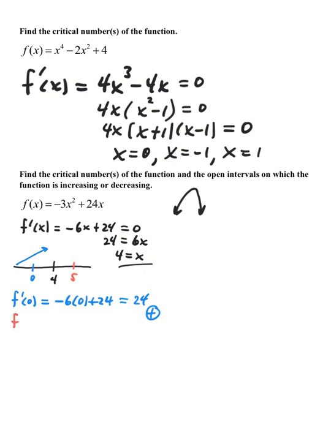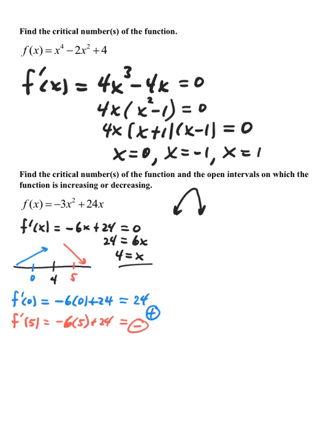The other side of 4, we picked 5 as a test number. The rate of change, when x is 5, negative 30 plus 24, that's a negative value. That means our function is decreasing in that interval.